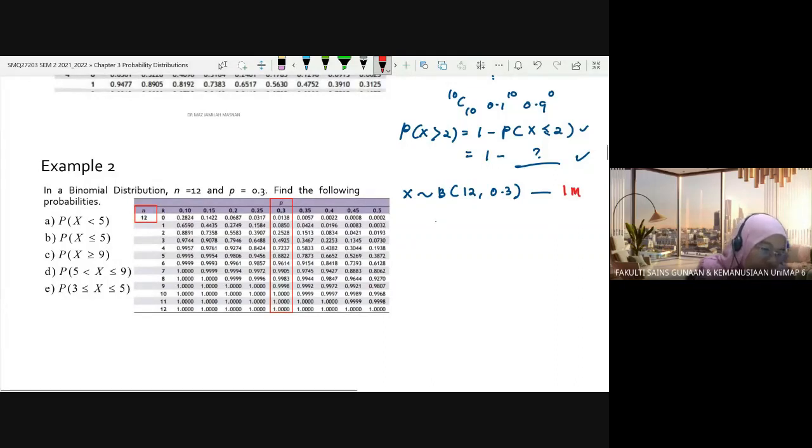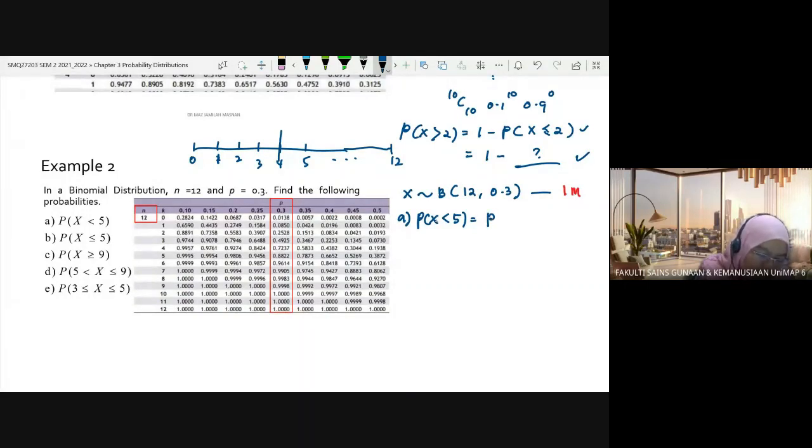The first one is finding P(X less than 5). It means that we have from 0 successes, 1, 2, 3, 4, 5 up until 12, right? So we need to find less than 5. 5 is not included, which means it will be from 0 until 4.